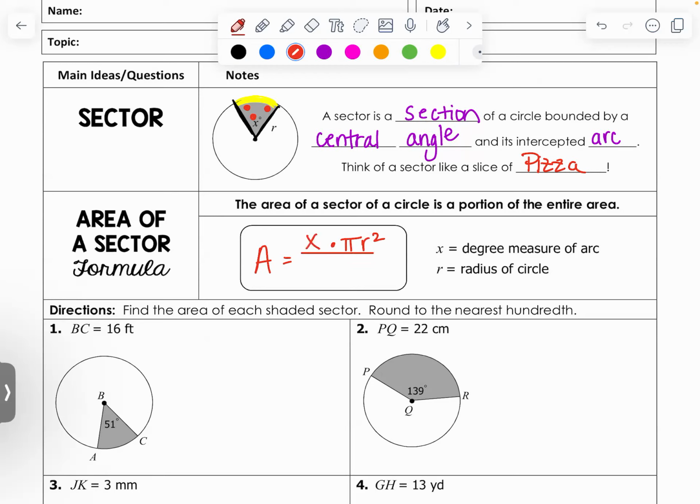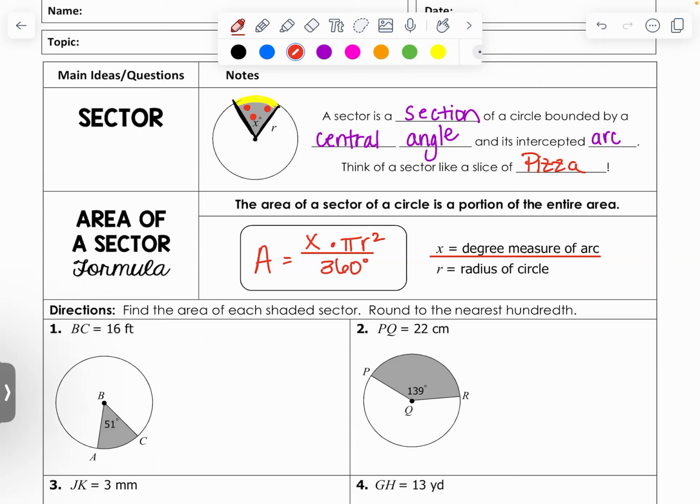What is the degree measure of the arc over 360? Okay, so this is creating a fraction. How much of the circle do we have times pi r squared? Okay, eyes up here. This x over 360, this is a fraction. How much of the circle do we have times pi r squared? Okay, that's all we have to do.